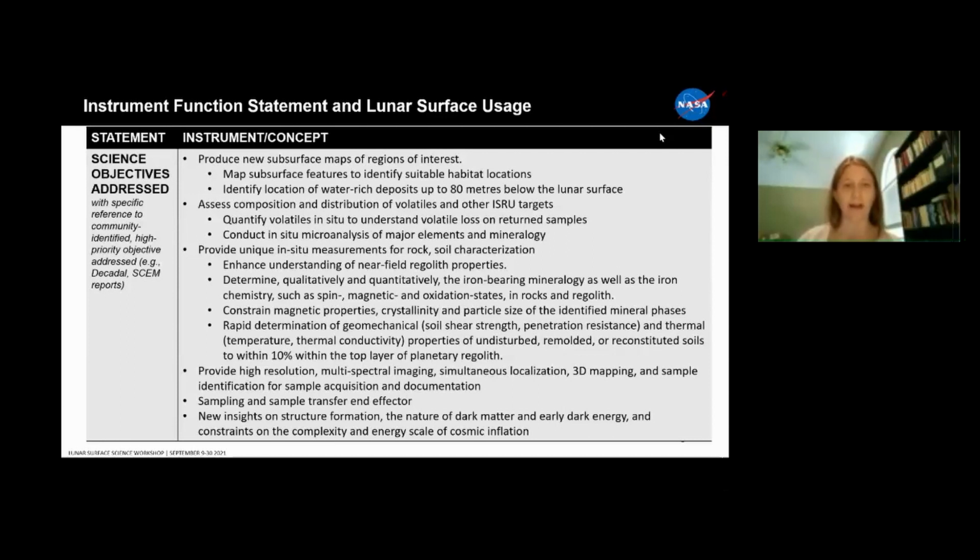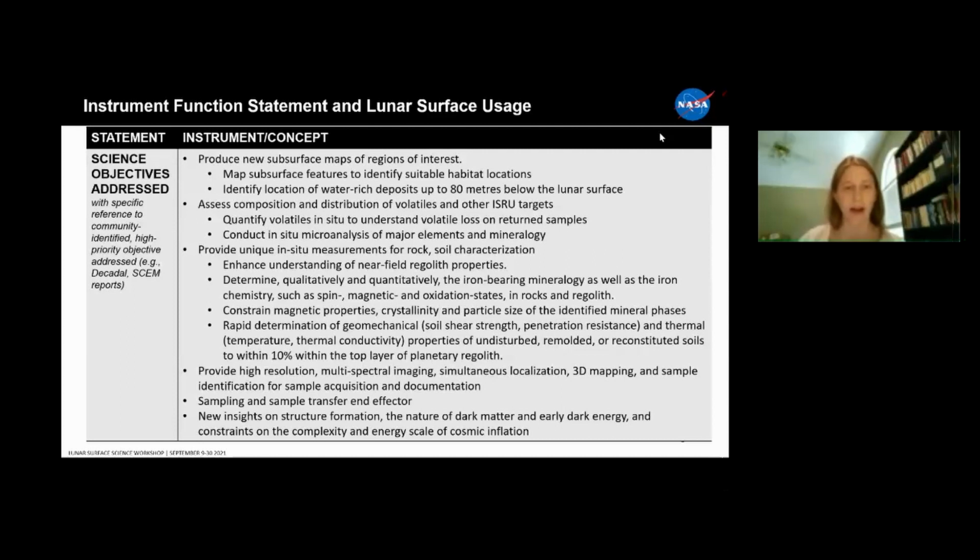And then assess composition and distribution of volatiles on the surface and other ISRU targets. This kind of overlaps with the water-rich deposits as well. Like quantify volatiles in situ to understand volatile loss on return samples, and conduct in situ microanalysis of major elements and mineralogy.